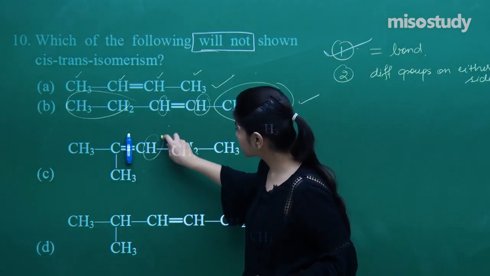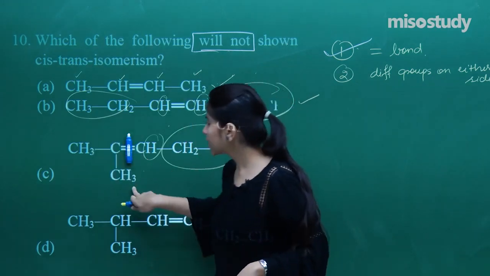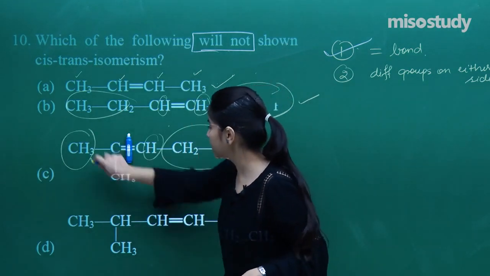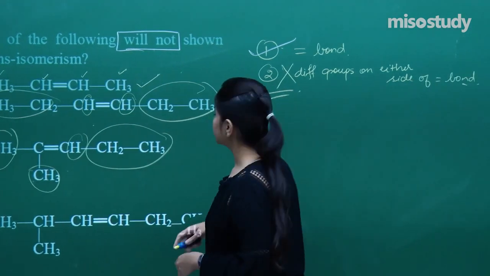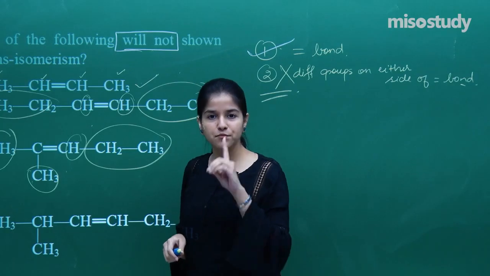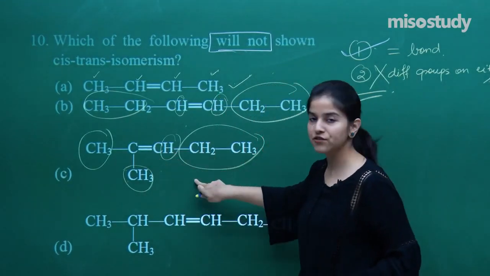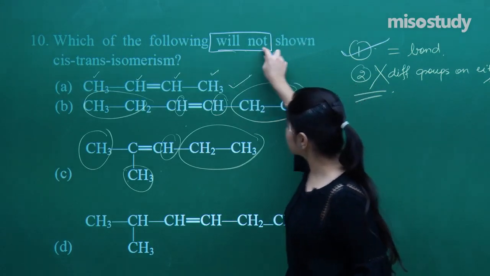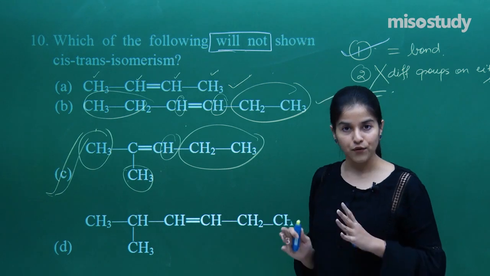Here the carbon is attached with hydrogen and an ethyl, different groups. But over here if you look, the carbon is attached with 2 similar groups, violating rule number 2, right? So this rule has been violated over here. This molecule cannot show cis-trans, right? So this is option number C, which is correct, right?